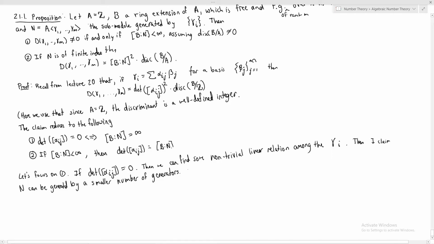I guess, since N is contained in B and B is free, I can find a basis for N. N is free, and hence I can find a basis.